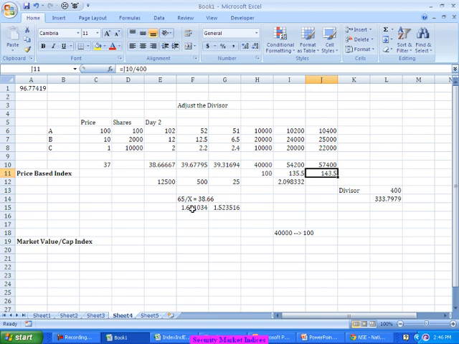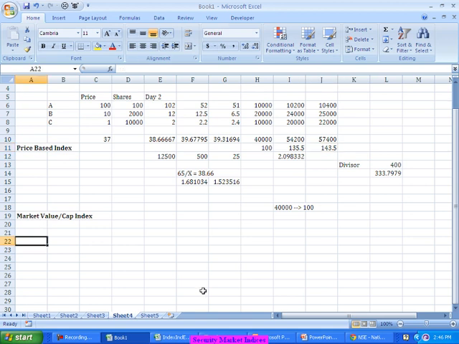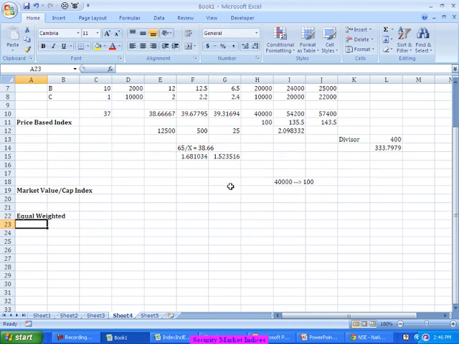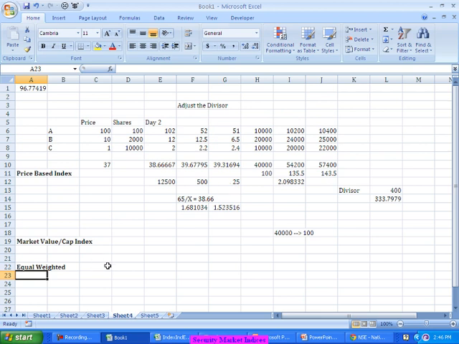Then the third kind of index which we are looking at is the equal weighted index. The way it goes is, the day on which you are starting the index, you start with 100. And for each day, you will find the percentage increase in the price.